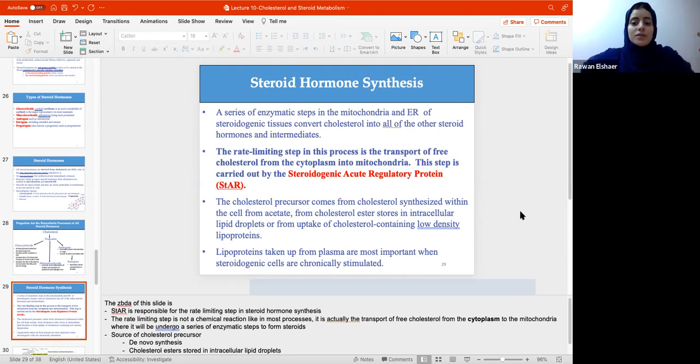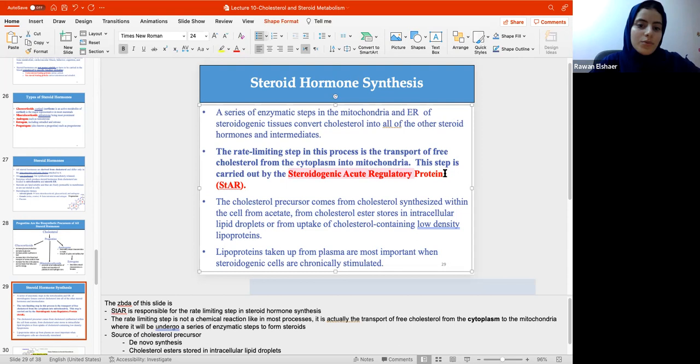Okay, so steroid hormone synthesis. As I mentioned, in any pathway you have a rate limiting step. In the steroid hormone synthesis pathway, the rate limiting step is not an enzymatic step. It's the step where cholesterol is transported from the cytoplasm to the mitochondria. This step is the slowest step in the pathway. Who's responsible for it? The steroidogenic acute regulatory protein.